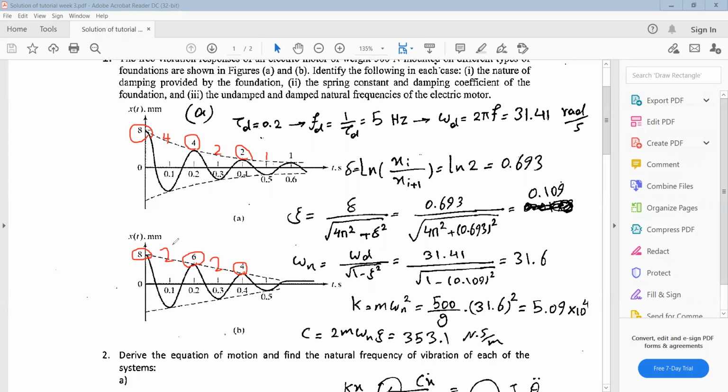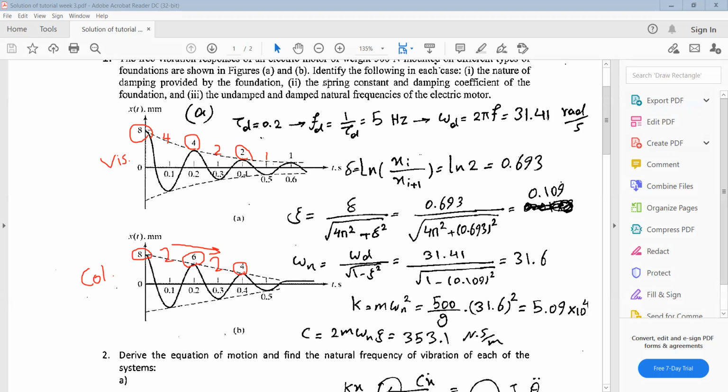So here you can see the decrement is linear. So part A is a viscous damping. But in part B, because it decreased linearly, it's a Coulomb damping. So we have the nature of each of them: the first one is viscous, and the second one is Coulomb. So this is part 1.